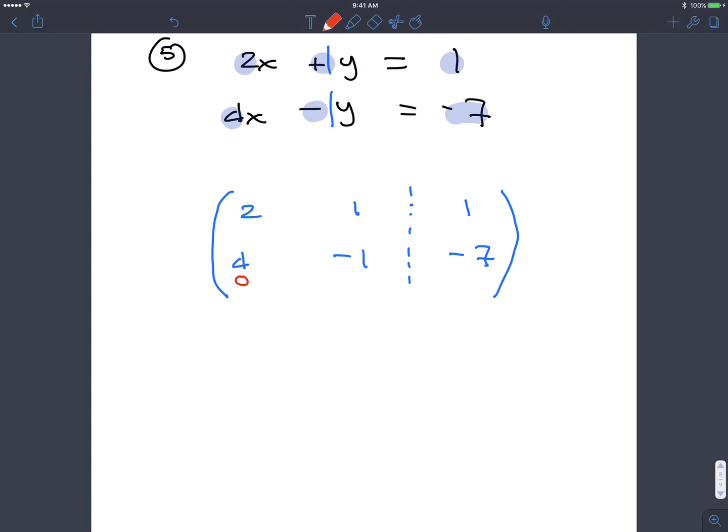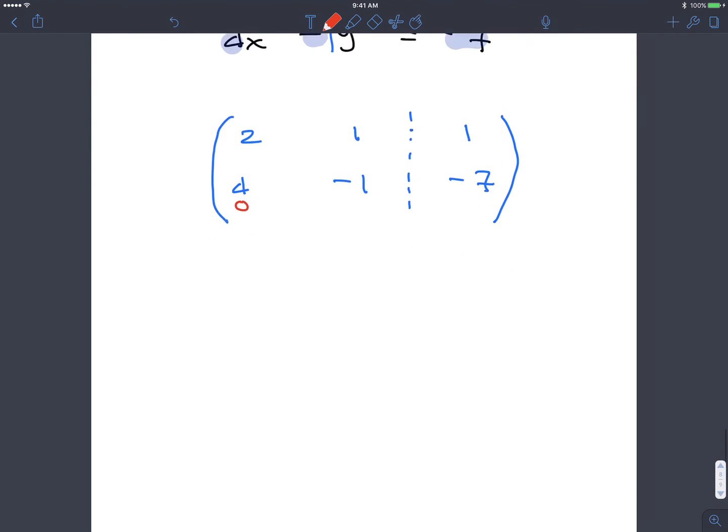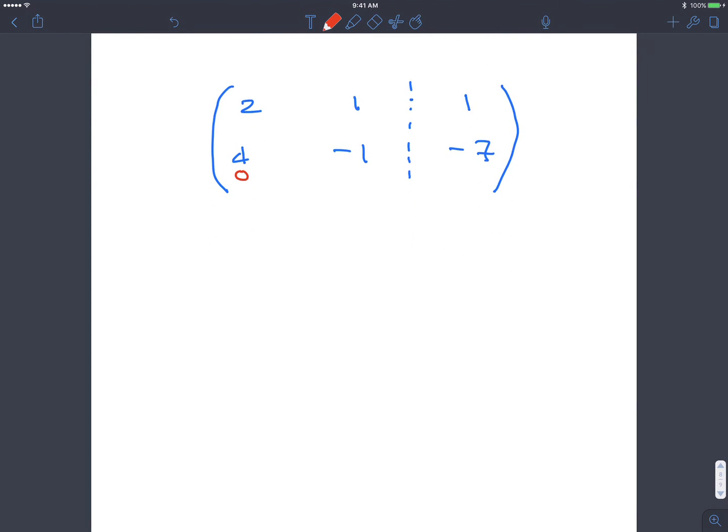We need values that are opposite. A way to achieve this is to multiply row 1 by the value negative 2. That means I'm going to multiply every entry in row 1 with the number negative 2. I end up getting negative 4, negative 2, negative 2. The entry in the next row does not change.